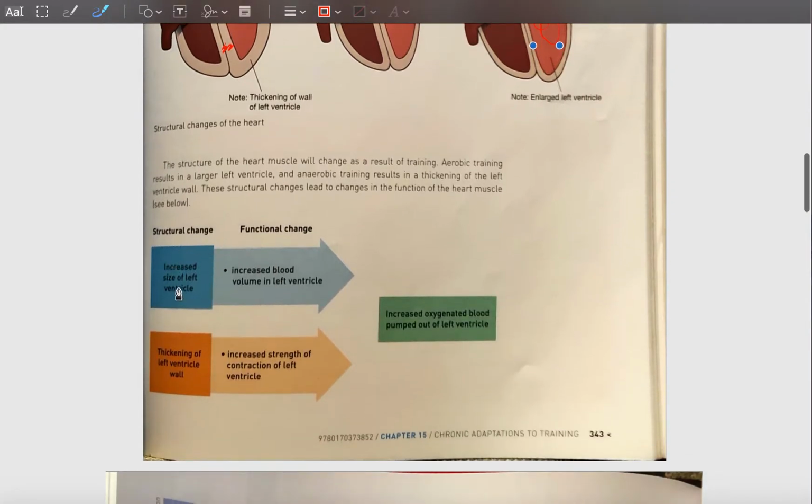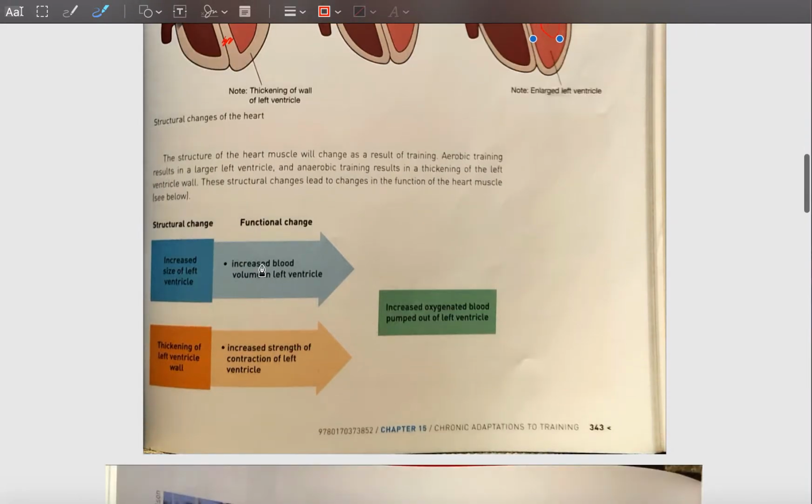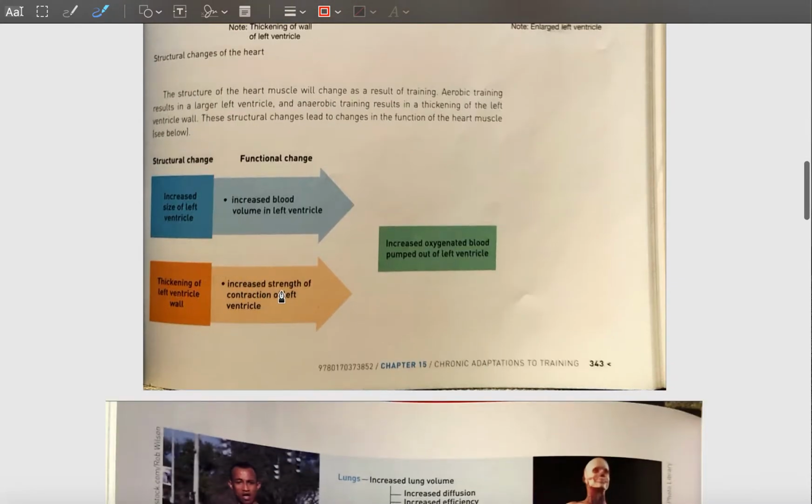So if we have a look here in this flowchart diagram, if we have an increased left ventricle size, which is this one here, we would have an increased blood volume in that left ventricle. That's the structure change, and that's the function change. And if we have an increase in the thickness of that left wall, which is this anaerobic training, then we would have a stronger muscle contraction of that left ventricle.